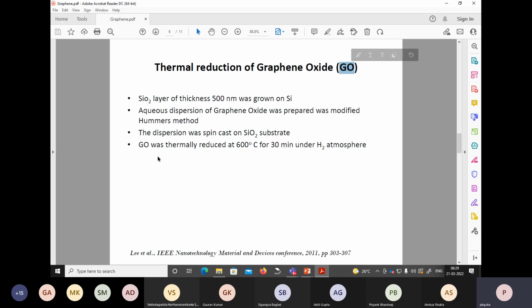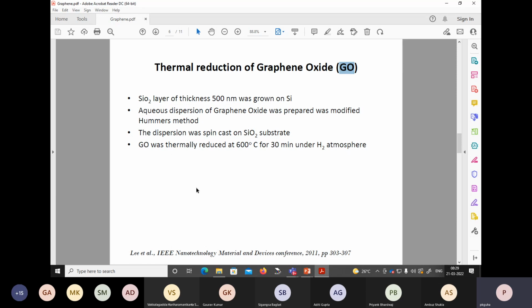And then this graphene oxide you need to reduce so that you get graphene. Theoretically you can get graphene if you reduce graphene oxide. There are different techniques to reduce graphene oxide. One of the techniques is thermal reduction. So you use high temperature so that the graphene oxide is reduced to become RGO, that is, reduced graphene oxide.